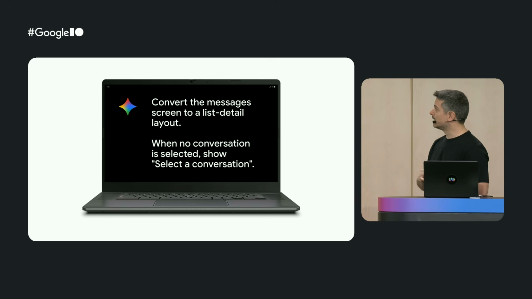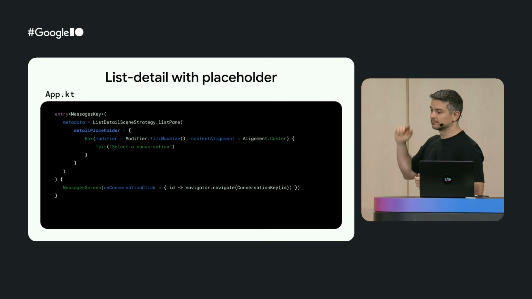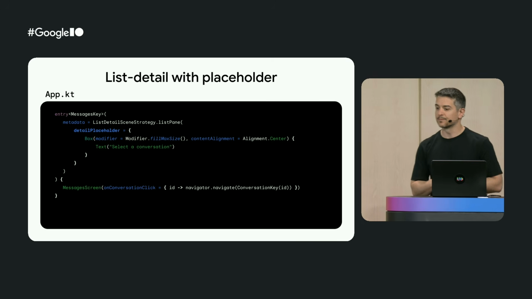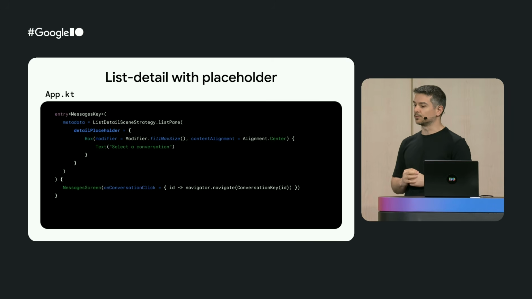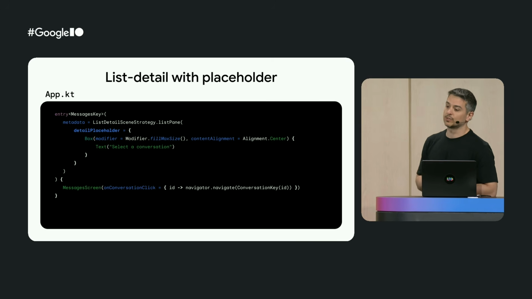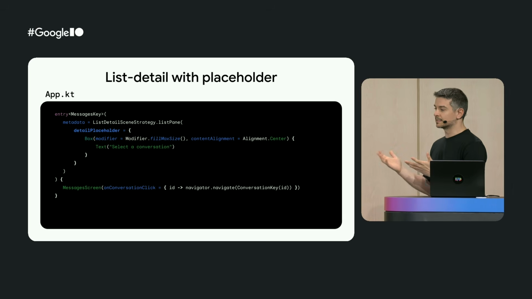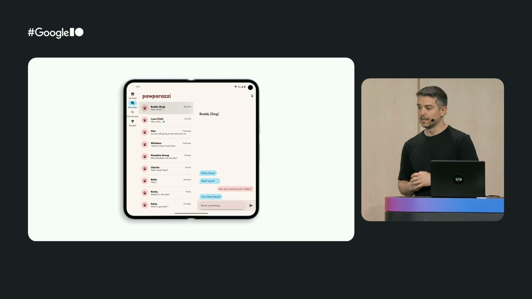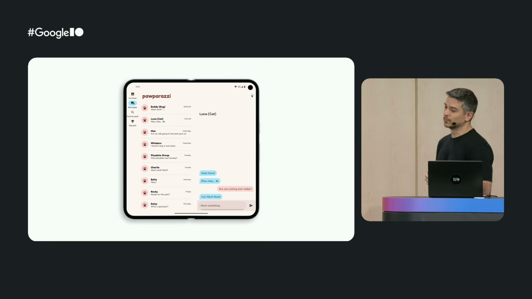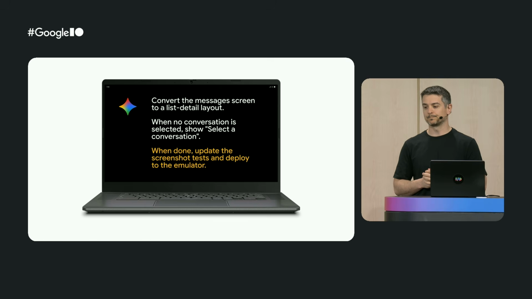Let's go with a placeholder that says select a conversation. And this is the generated code. The list detail scene strategy contains a detail placeholder, so the model uses it thanks to the skill. And here's the result working as expected.